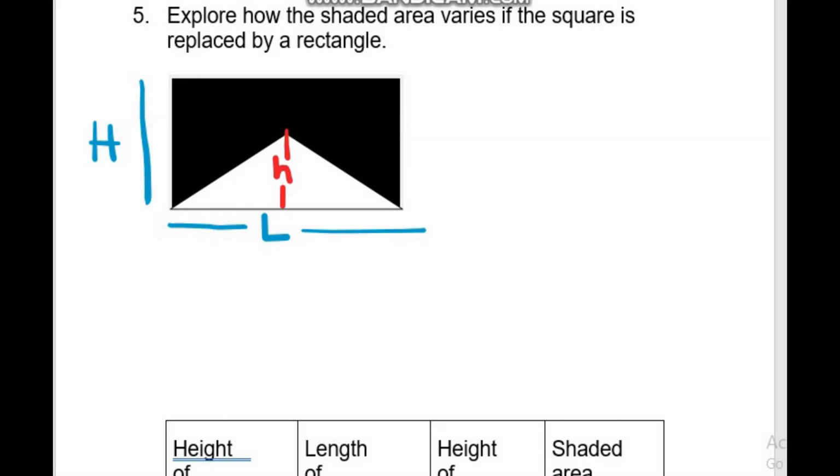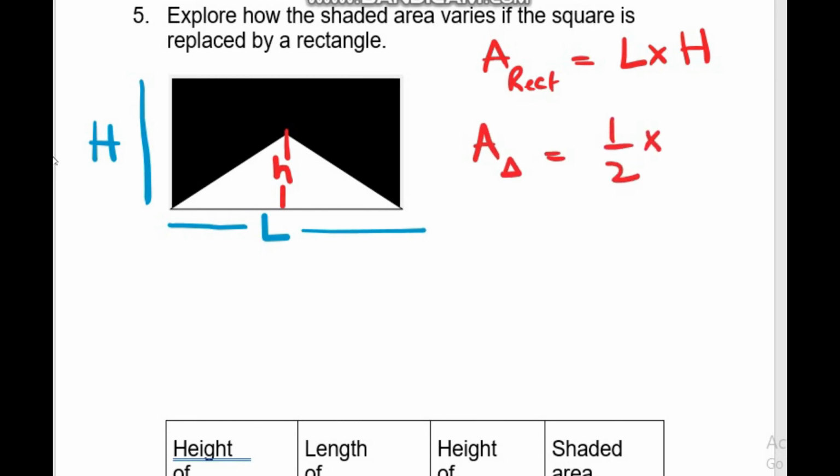Alright, like before, I'm going to find the area of the rectangle. So area of a rectangle is simply length times the width, or length times the height in this case, and area of the triangle is 1 over 2 times the base.